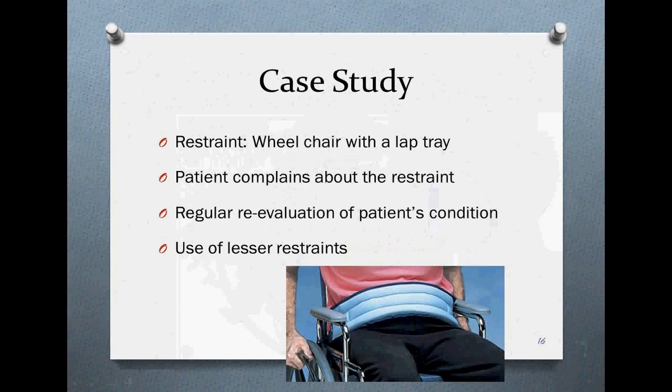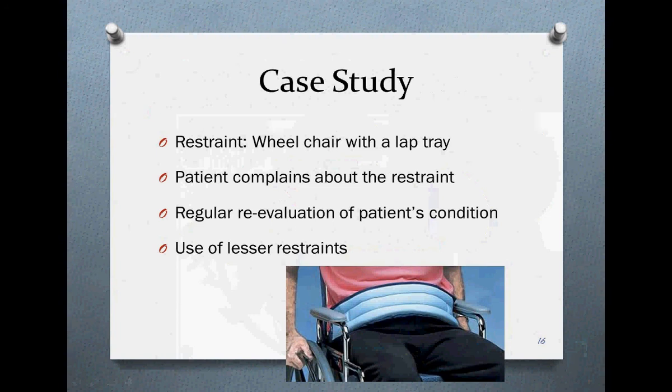But they do regularly reevaluate the patient's condition and check to see if the restraint has more benefit to the patient than it is doing harm to her. Until the patient is recovered and rehabilitated to walk, they keep using the restraint, but by re-evaluating the patient, they use lesser restraints like Velcro belts in the wheelchair instead of a lap tray.